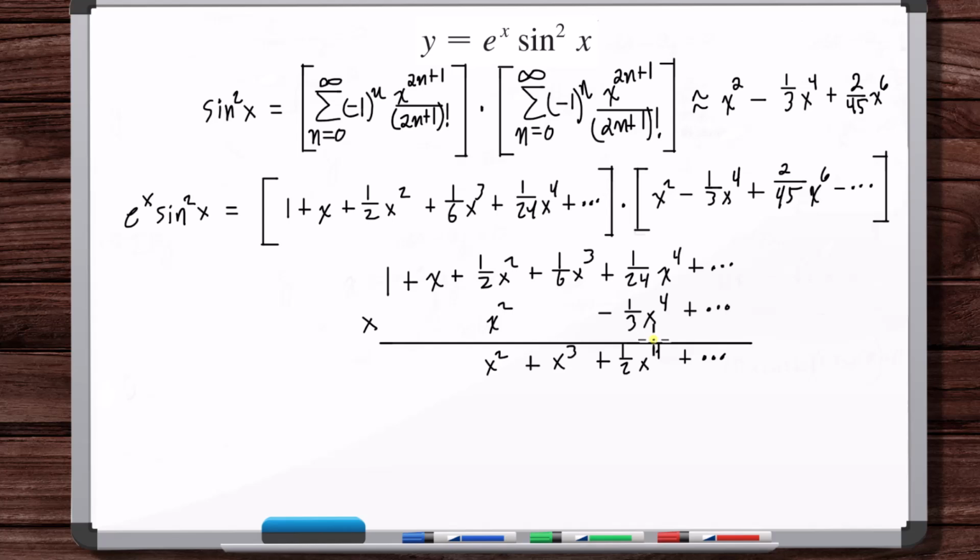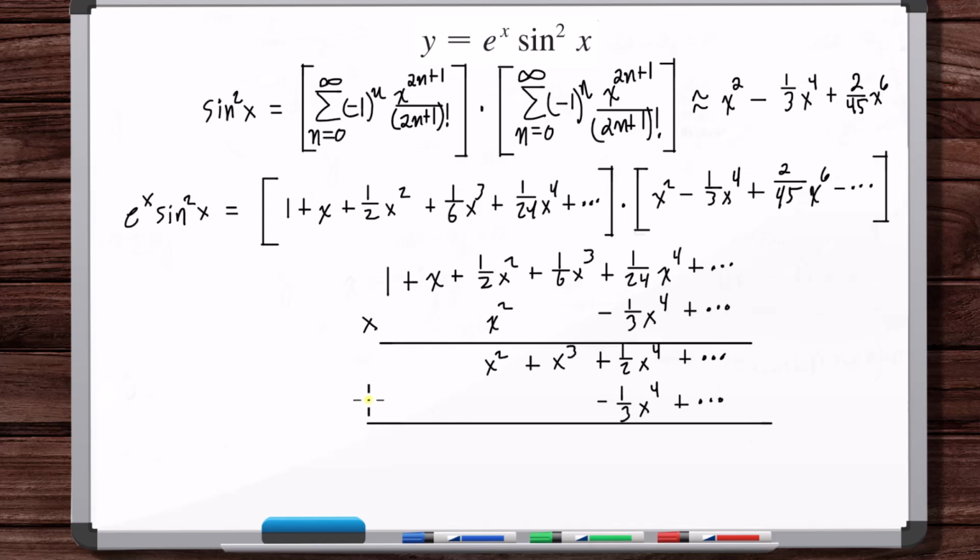Okay, we're only going to have 2 rows here because we've only got 2 terms. So minus 1/3 x to the 4th times 1. You start here, is minus 1/3 x to the 4th. Okay, and that's going to be it because we're not going to x to the 5th. That's fine because we're going to get 3 terms.